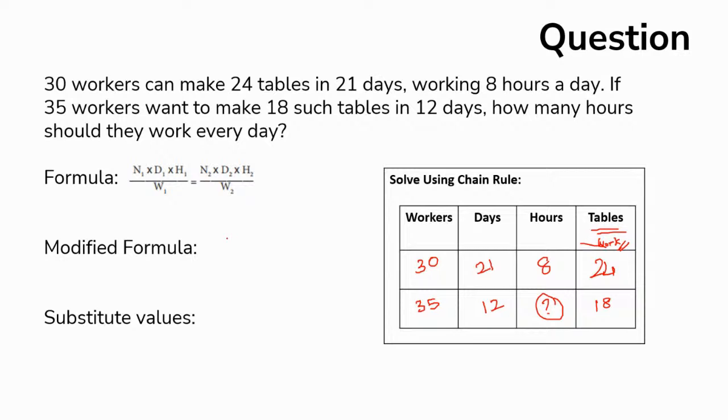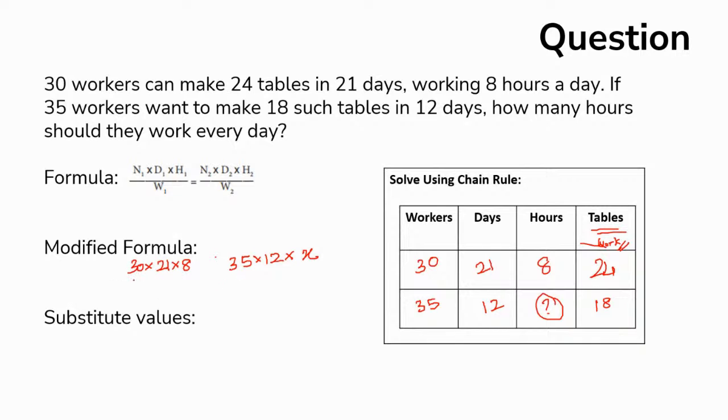So the number of workers in the first case is 30 into number of days 21 into number of hours 8, and in the second case, 35 into 12 days into number of hours, which we keep as x.